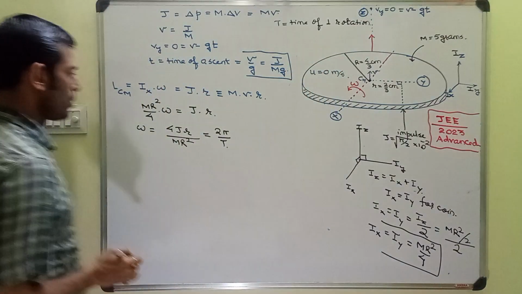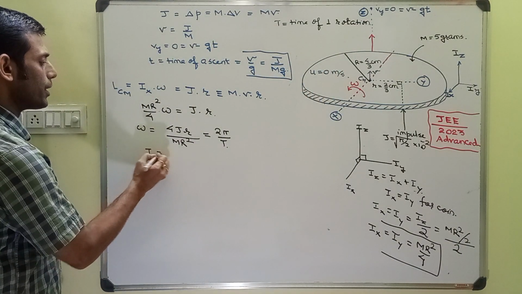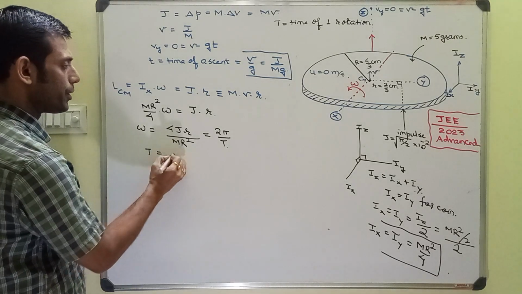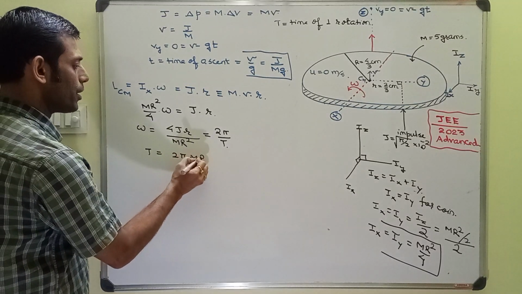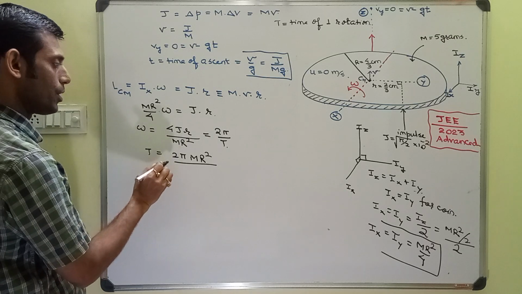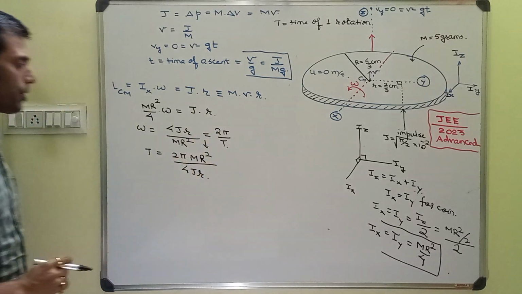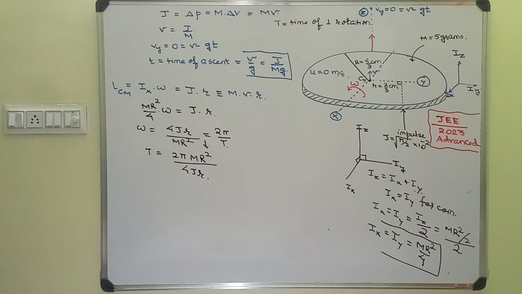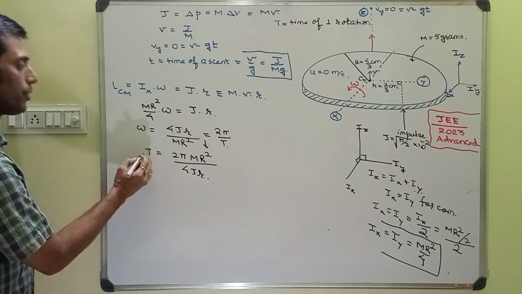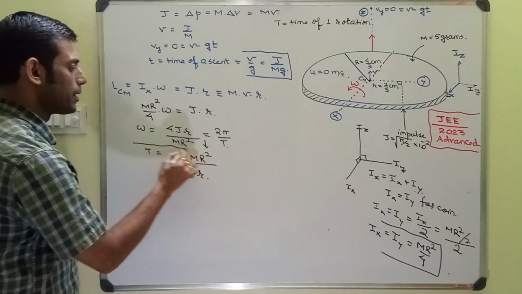Only one rotation. Therefore, capital T is equal to 2 pi mr square by 4jr. This is going to be the value of capital T.